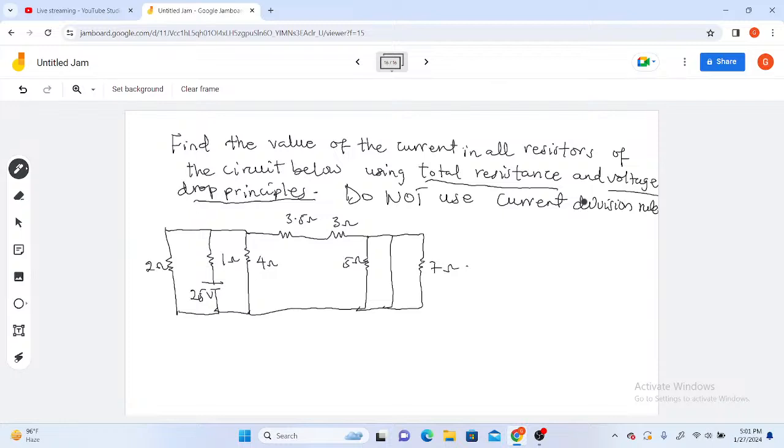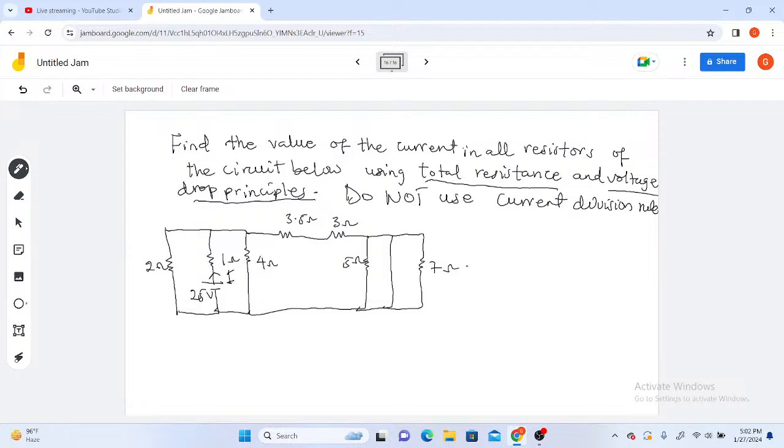What's the effective circuit? To find the effective circuit, in our previous examples, I told you that you are to trace the path of the current if you are given any circuit with a source. I have a 25 volt source here, and it will produce a current I. This current I will pass through the 1 ohm because it has no other option. It's the only way.